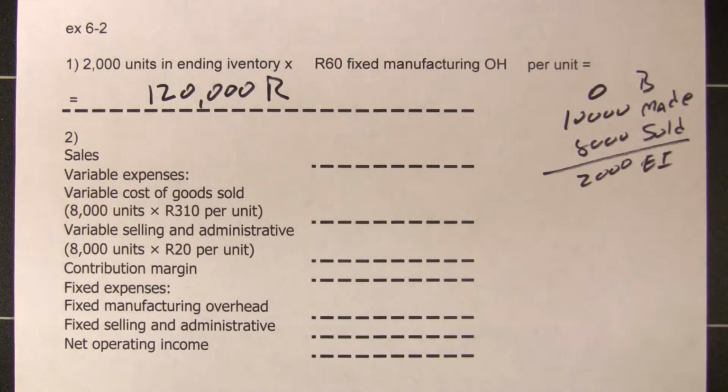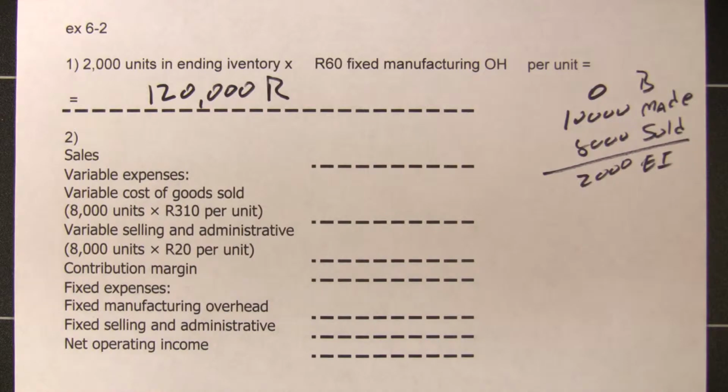Now they say, let's take a look at it for this year, this month, okay? And they give us the information above. And it says, let's produce a variable costing income statement and see if we can explain the difference between the 480,000 rupee operating income under absorption costing and the different number under variable costing.